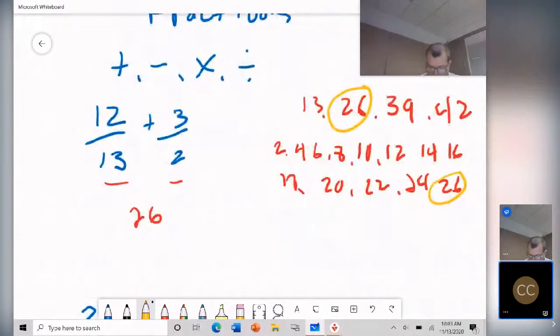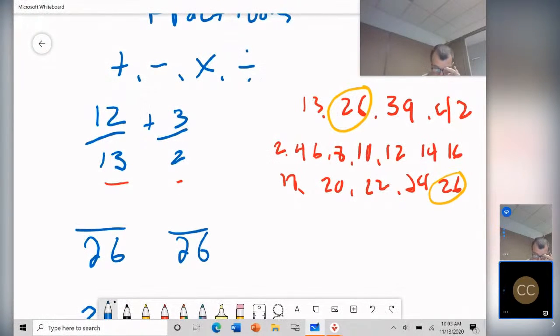So we've established that 26 is our denominator. So then you're going to do 13 times 2 is 26. Then if we multiply the bottom times 2, we multiply the top times 2.